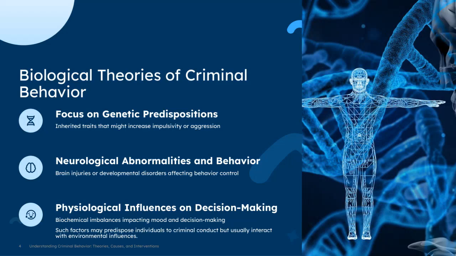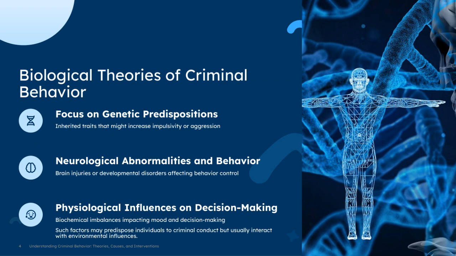When we look at biological theories of criminal behavior, one major focus is on genetic predispositions. This means certain inherited traits can make someone more prone to impulsivity or aggression, which might increase the likelihood of engaging in criminal acts. Another important aspect involves neurological abnormalities. For example, brain injuries or developmental disorders can impair a person's ability to control their behavior effectively.